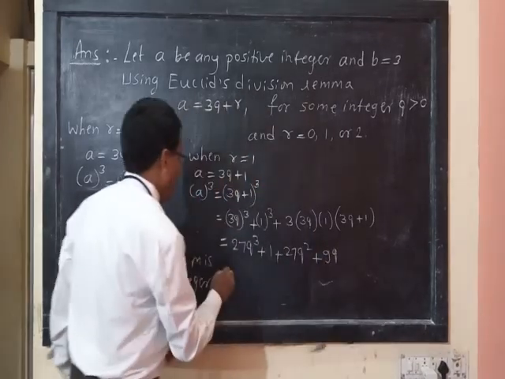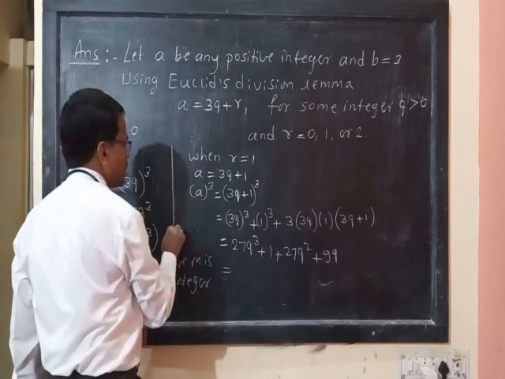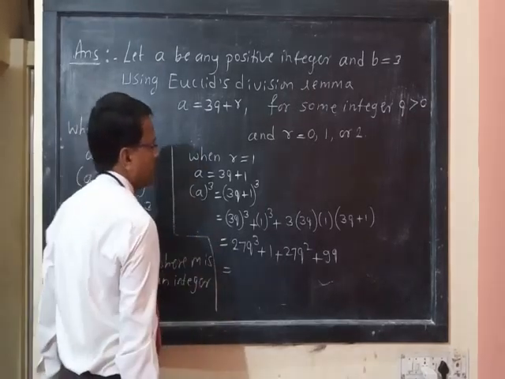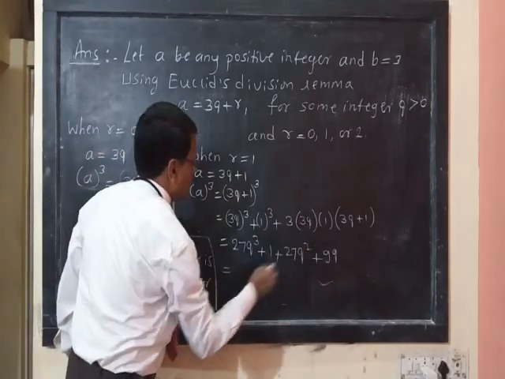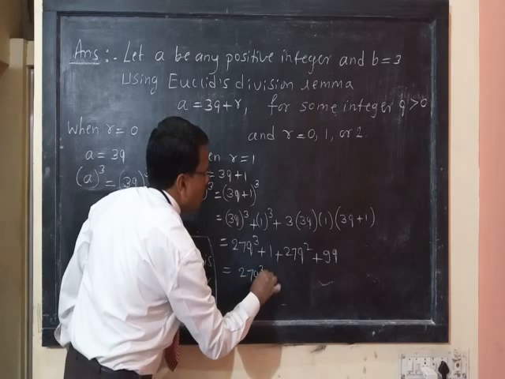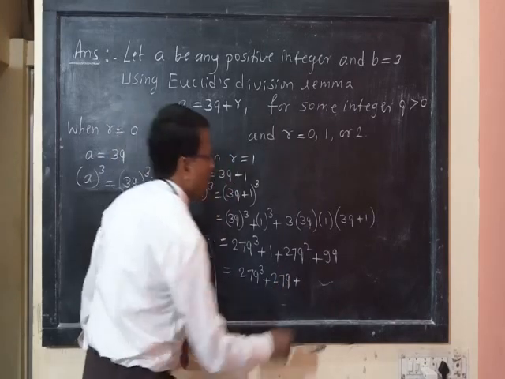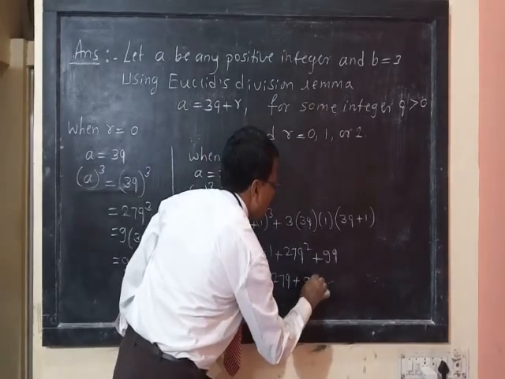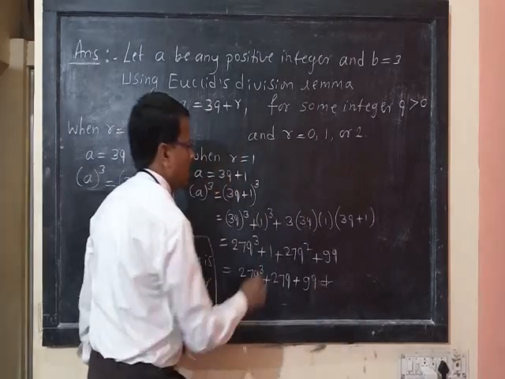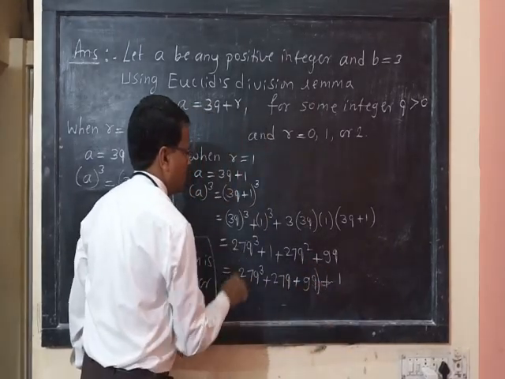If we simplify, this becomes 27 q cube plus 1 cube, which is 1, plus 3 3s are 9, 9 3s are 27, 27 q square plus 9q. I'll rearrange the terms: 27 q cube plus 27 q square plus 9q plus 1.